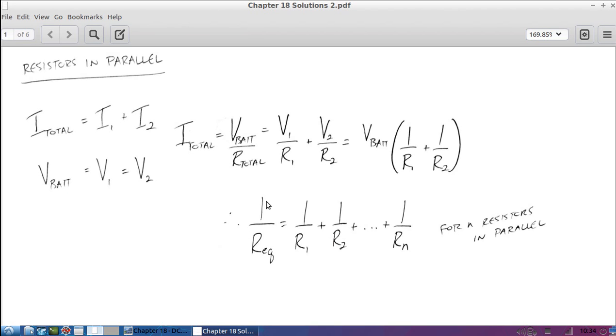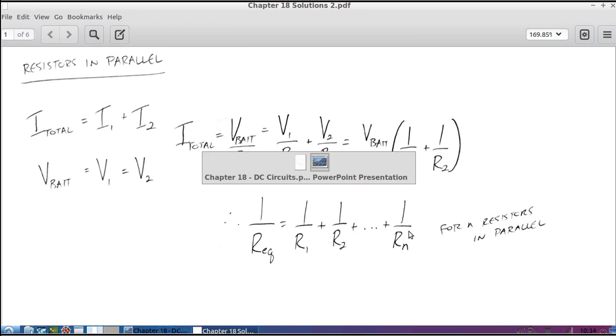So I like to write it like this, much like I did with series capacitors. 1 over the equivalent resistance is the sum of the inverses of the resistances of resistors in parallel. So again, the rules look familiar. We just have to apply them differently for resistors than we do capacitors.